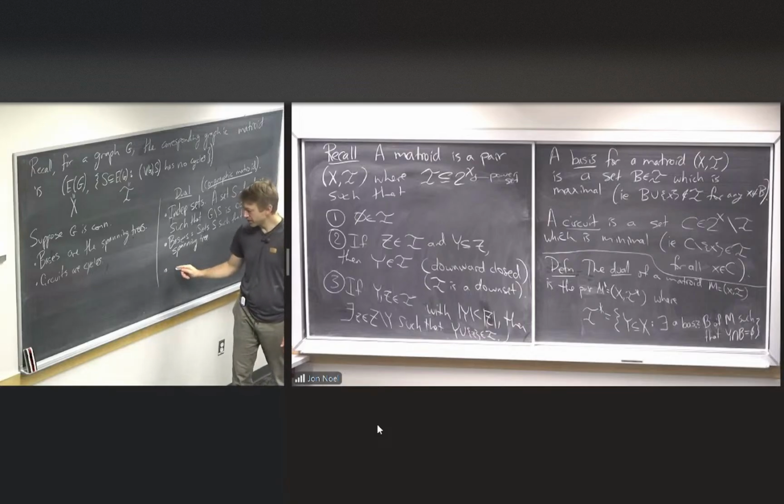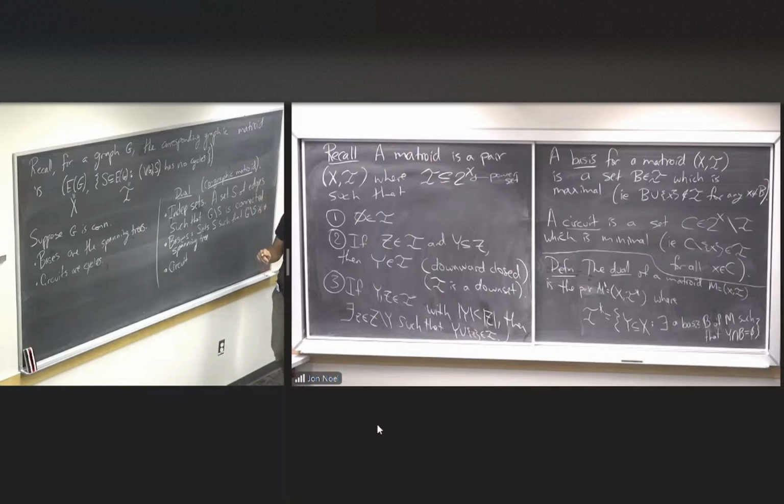The circuits are kind of interesting. This connects to some stuff we've done earlier in the course. So maybe have a think about it. What's going to be a circuit in the dual of a graphic matroid?